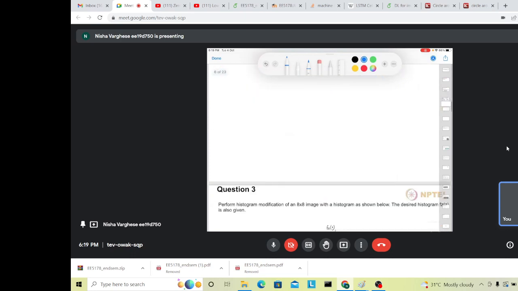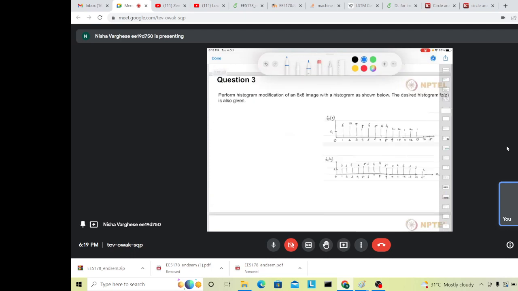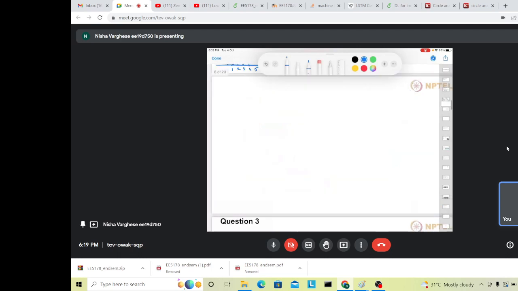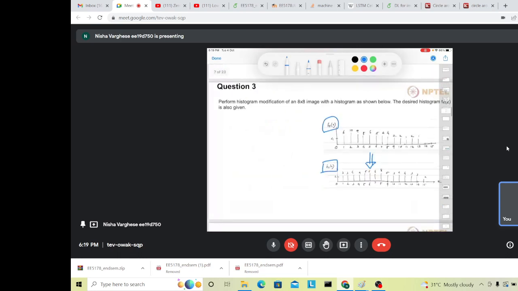Then in the case of histogram modification, the input histogram will be given. Along with that, one required histogram will also be given. We have to convert this histogram to that type of histogram. So instead of using a uniform histogram, at this place we will have to introduce this F_Z(Z).